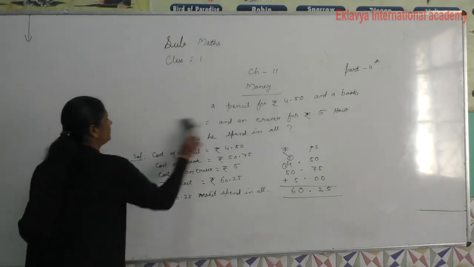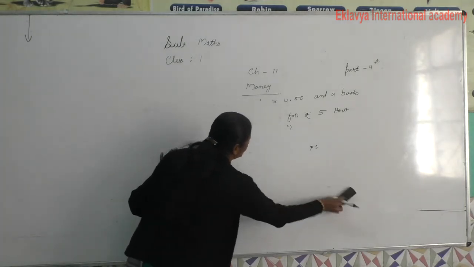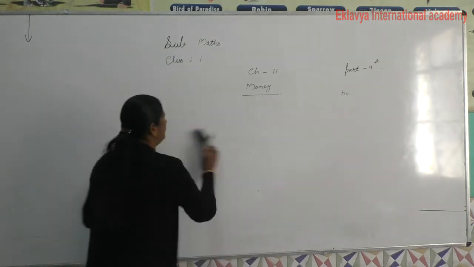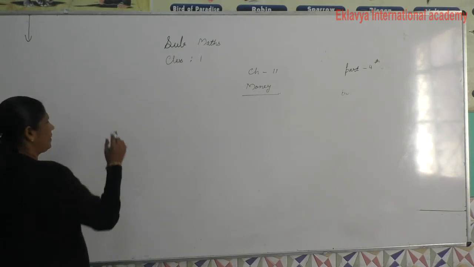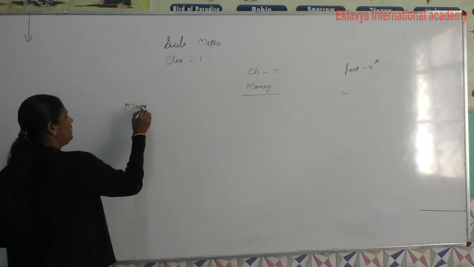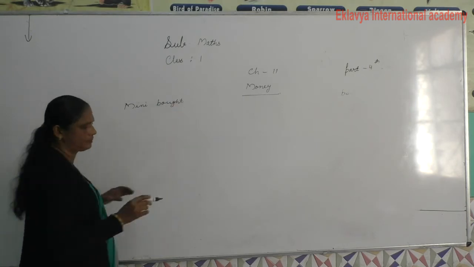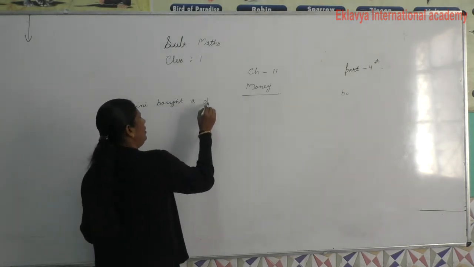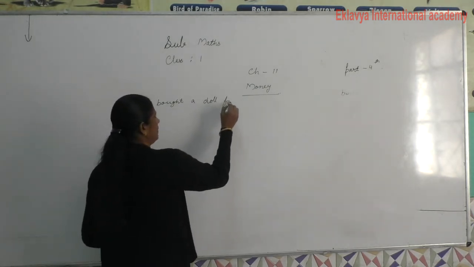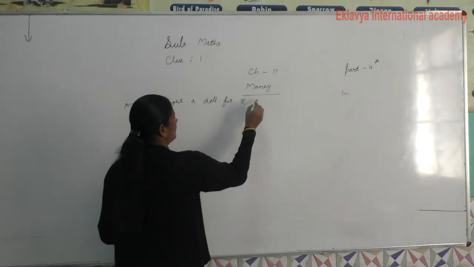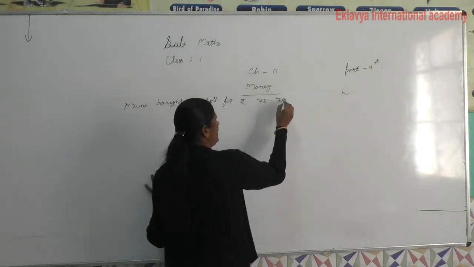Second question. Minnie bought a doll for rupees 75.70 paise.